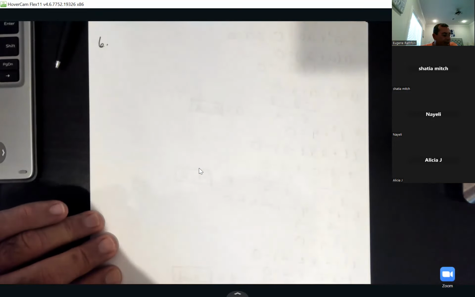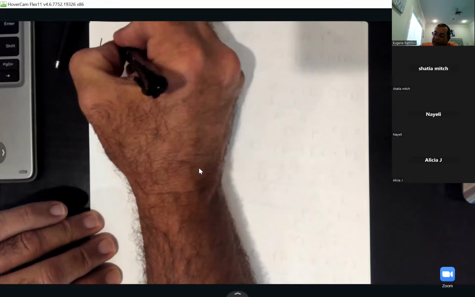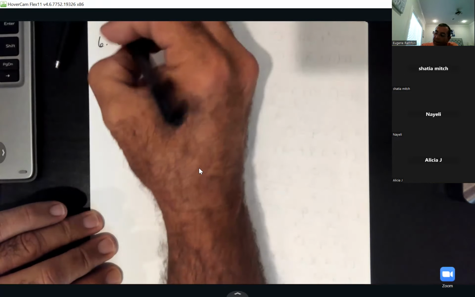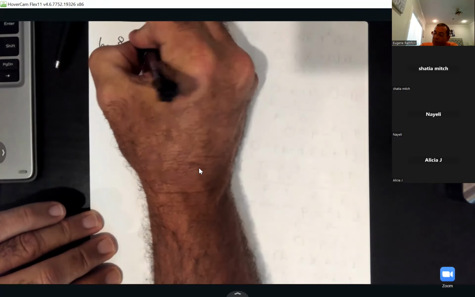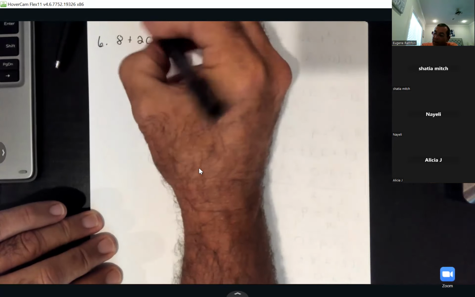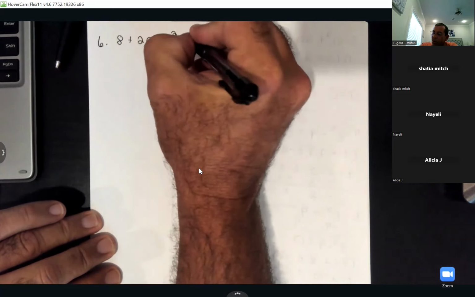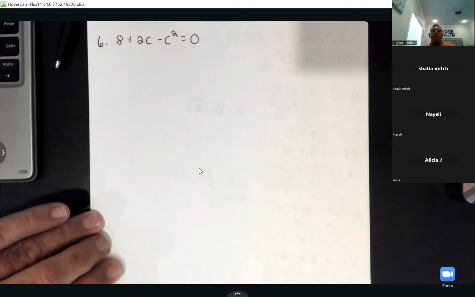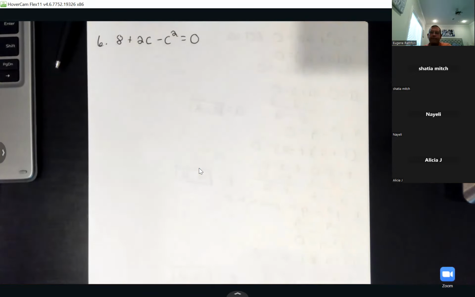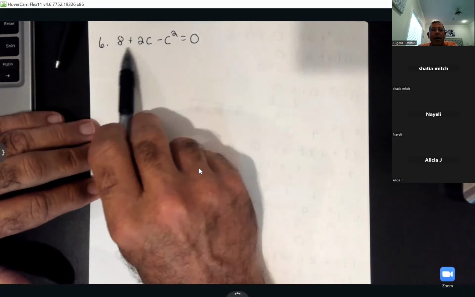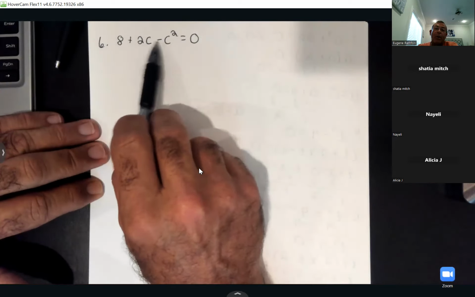All righty, number 6. I got an 8 plus 2c minus a c squared equals 0. So y'all, we can tell right off the bat, we need to put this one in order.